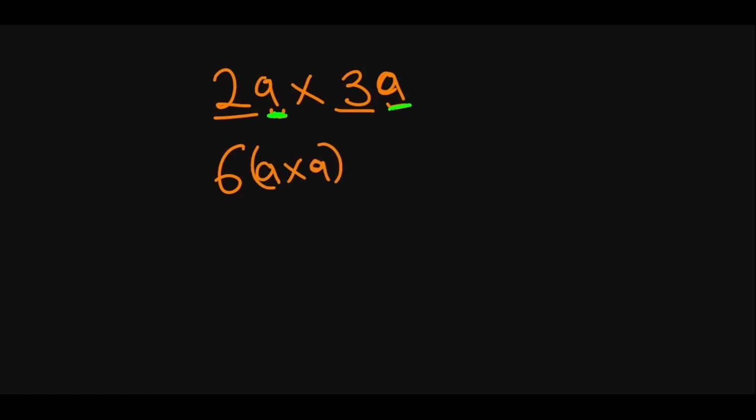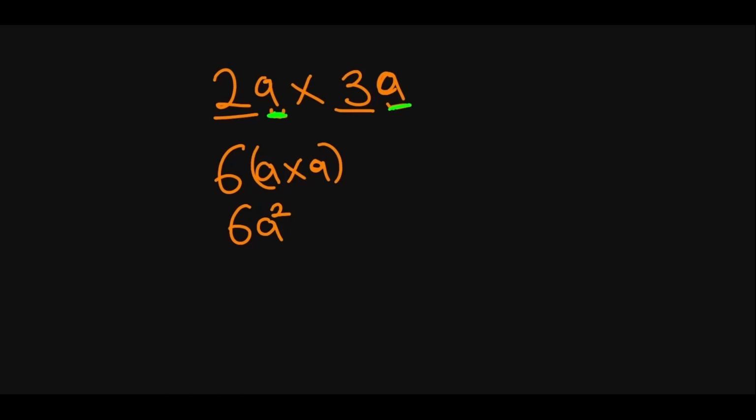Now, in algebra, you don't write letters in multiples like this. If you have multiple letters, you count the number of letters and put it as a superscript. So this becomes 6a raised to power 2. This a raised to power 2 tells us that there are two copies of a multiplying themselves.